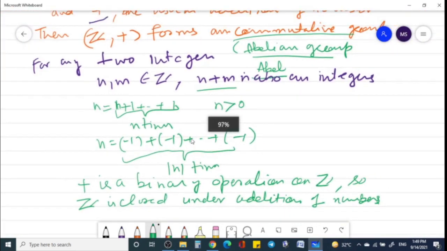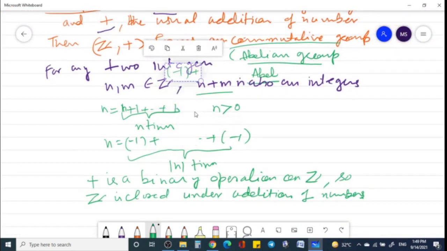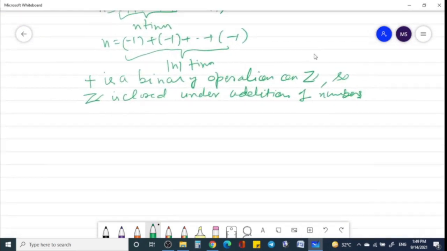Now we take the next property, associativity.